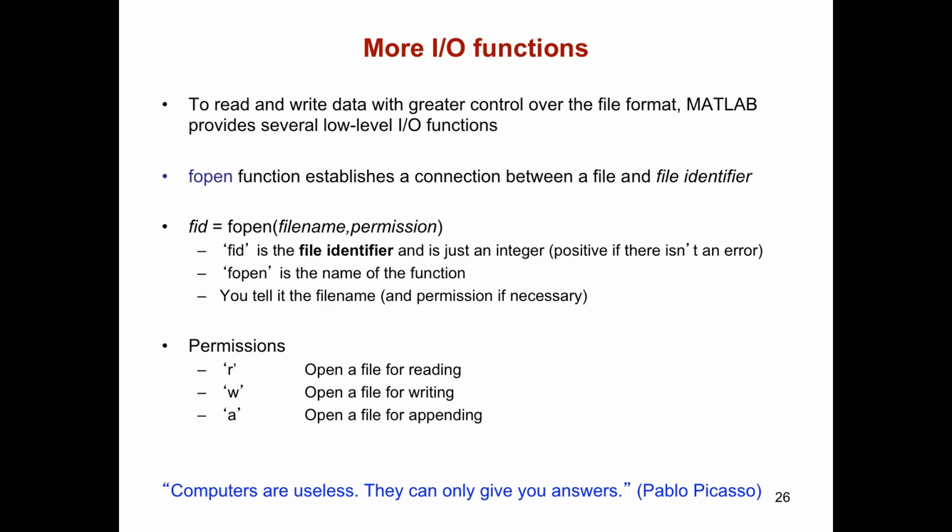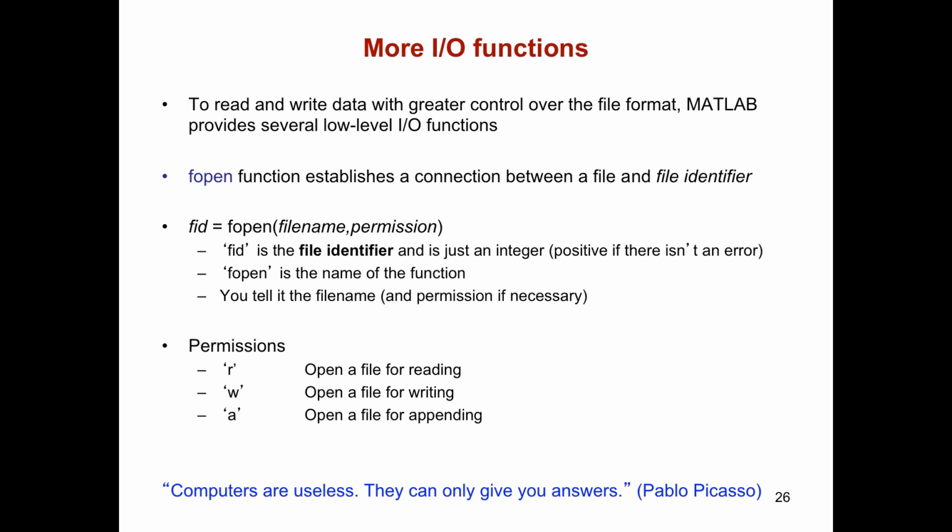Okay. So what I'm doing here is, F stands for file. File ID, FID, is file open, fopen. This is the file name of the file, and you also designate a permission you want to give for opening. I could open it for reading, I could open it for writing, appending, and so forth.